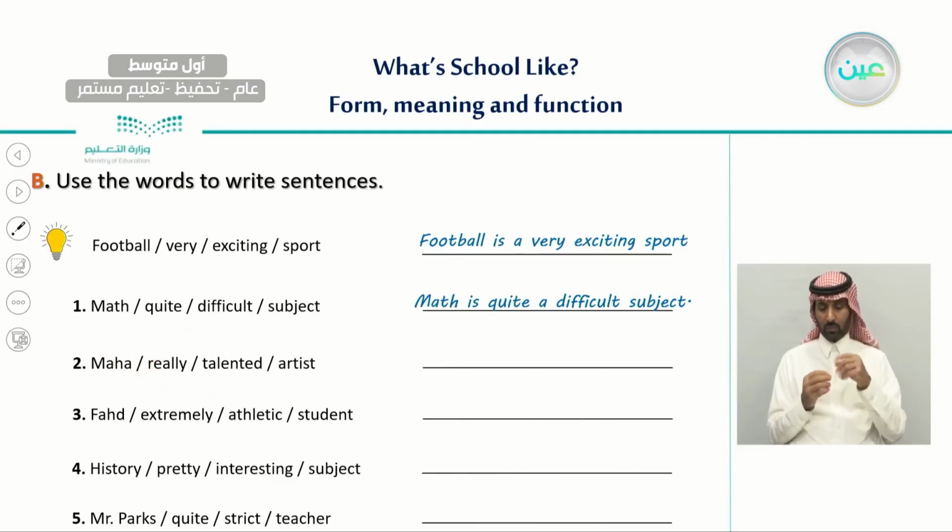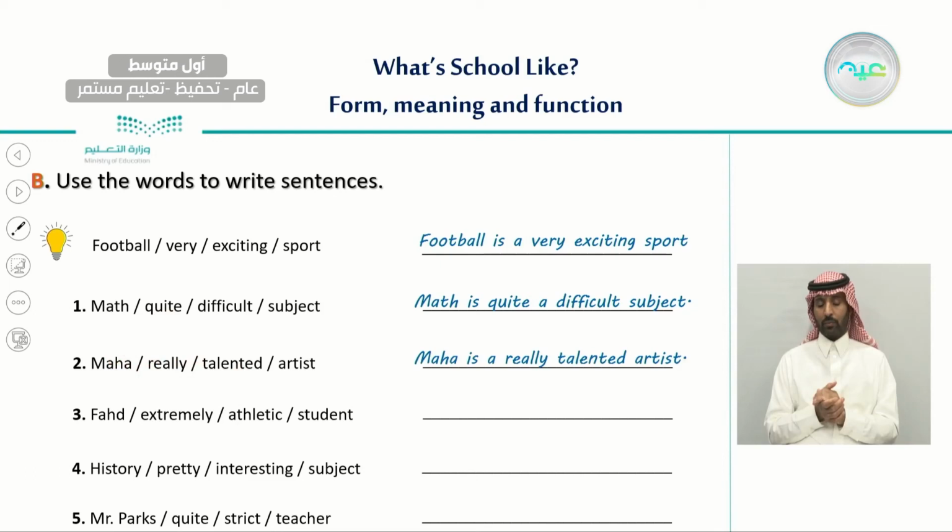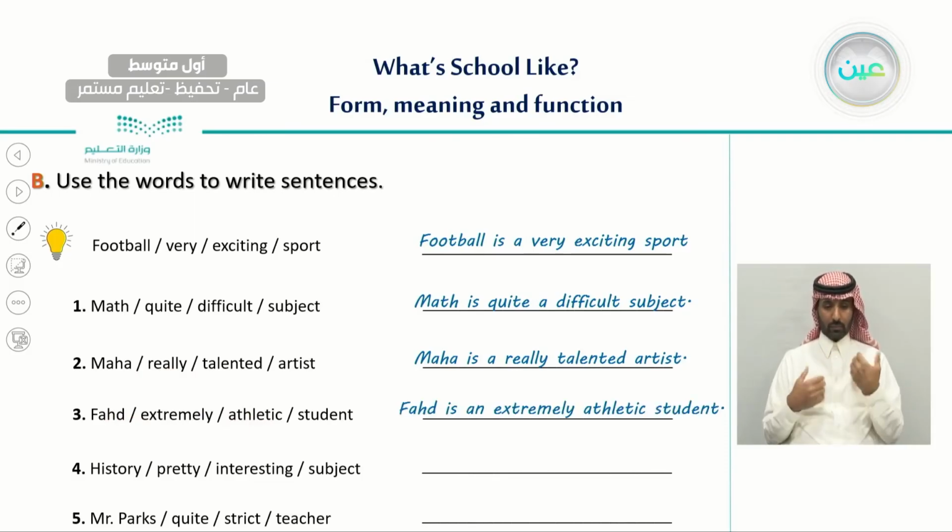So the sentence will be, Maha is a really talented artist. Number 3. Fahad, extremely, athletic student. Here also we want to say that Fahad is an athletic student using the intensifier extremely. So the sentence will be, Fahad is an extremely athletic student.